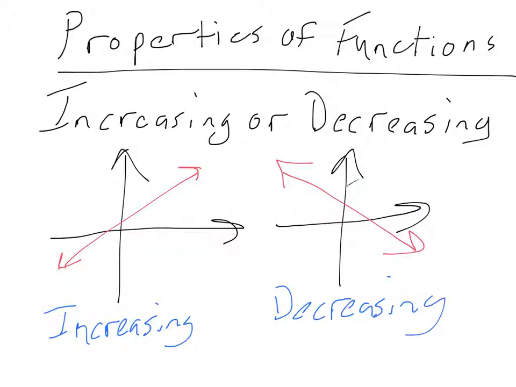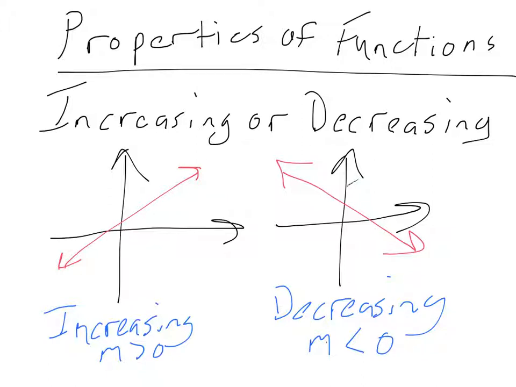And I don't have a horizontal line for it. So in general, we're saying that it's decreasing if the slope, which we often represent with the letter m, is negative, and it's increasing if the slope is positive.